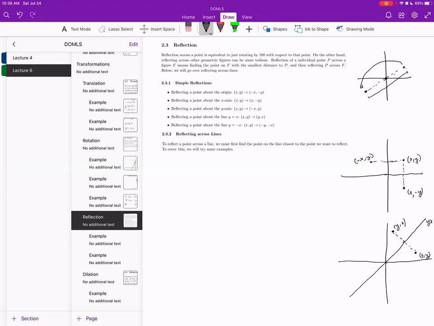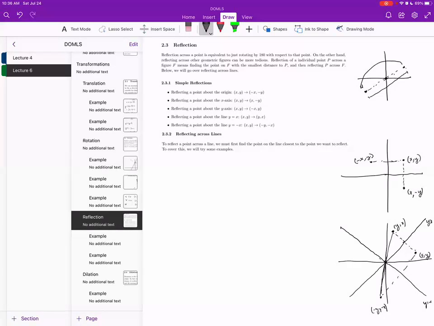And similarly, if we had y equals negative x, which is kind of similar in that they have slope of magnitude 1, then when we reflect this point across this line, the new point is going to be negative y, negative x. One thing you might notice is that these two reflections are reflections of each other across the origin.